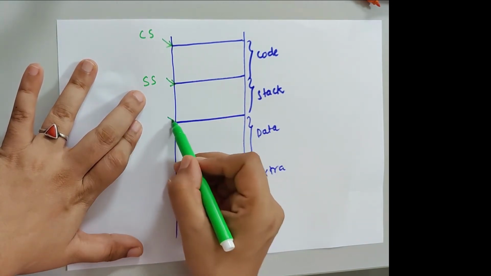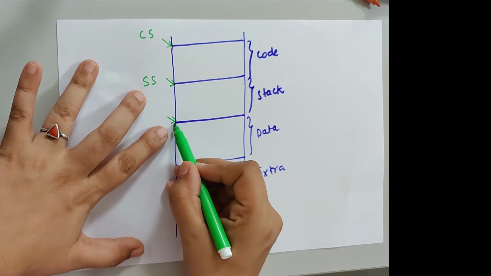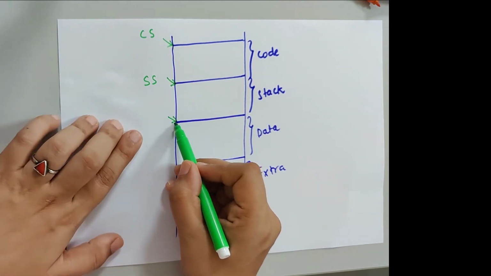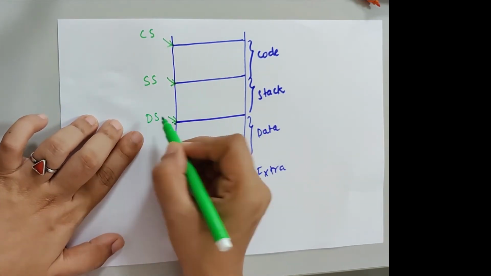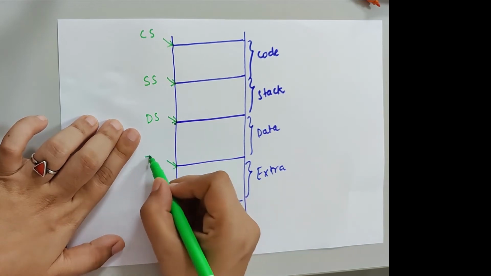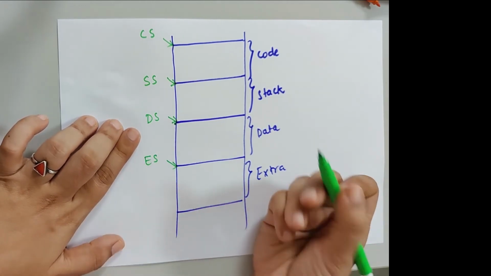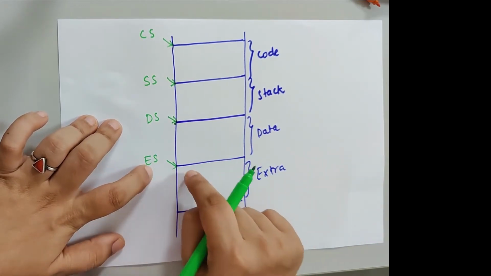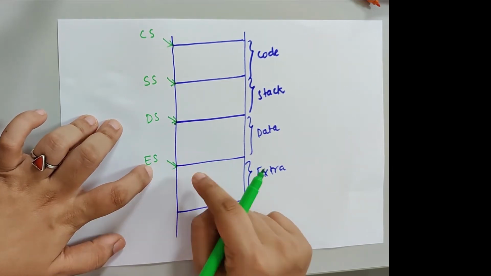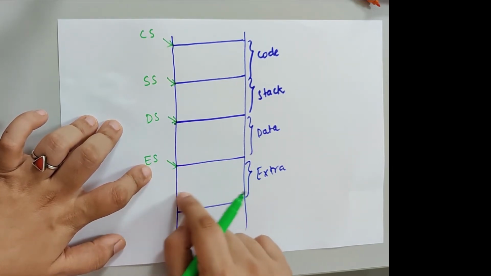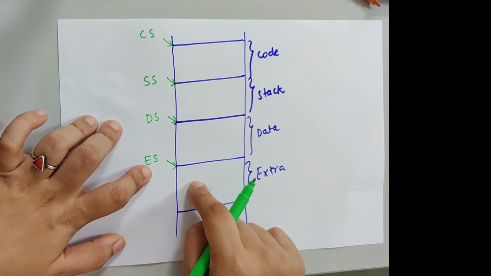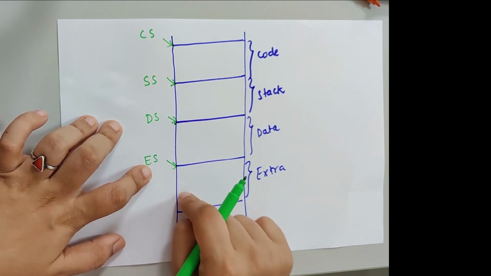For the data segment, the starting address is given into a segment register. What is the segment register for the data segment? DS. For the extra segment, the segment register is ES. So the segment register will have the starting address of the segment, and if you want to access any particular location within this segment, that will be given into the offset register.